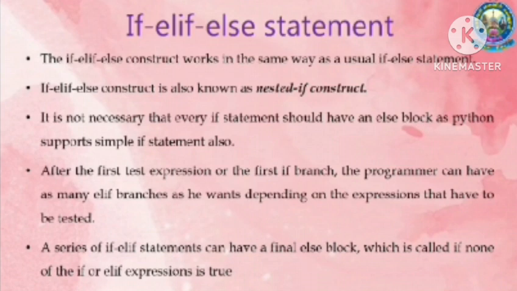After the first test expression or the first if branch, the programmer can have as many elif branches as he wants depending on the expressions that have to be tested. A series of if-elif statements can have a final else block, which is called if none of the if or elif expressions is true.